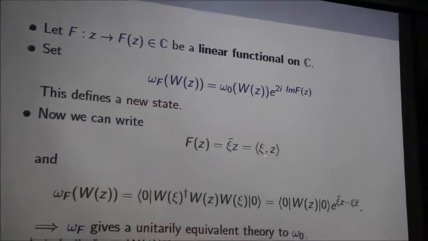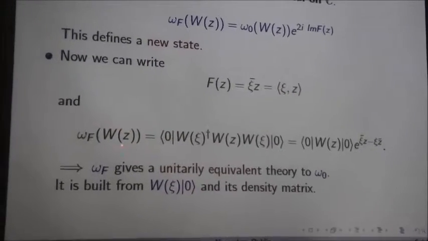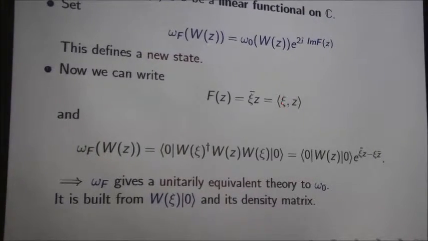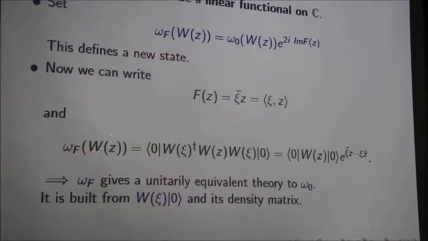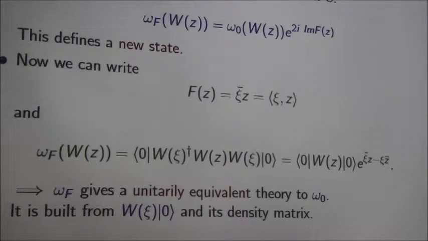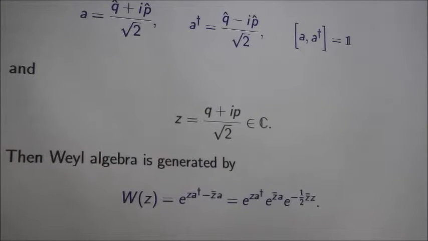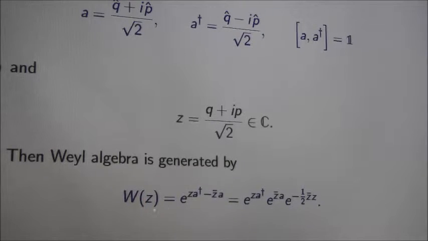So it is a scalar product of psi with z, and given that I can write it this way, with the imaginary part of this one, you check that this omega f of Wz is exactly this expression, where the vacuum state has been twisted by this W psi. W psi is, the Z here is replaced by psi.